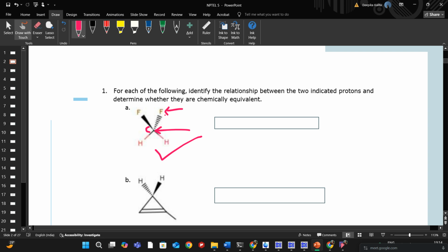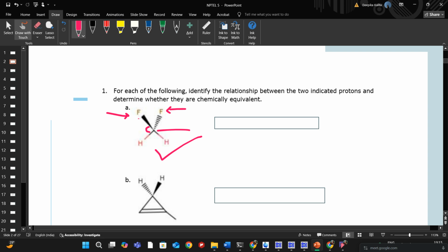And if we look at these 2 fluorine substituents, these two are actually in the same chemical environment. And if we replace any of the fluorine atoms by any other group or substituent, in both the substitution cases, we will get the same molecule back, okay?